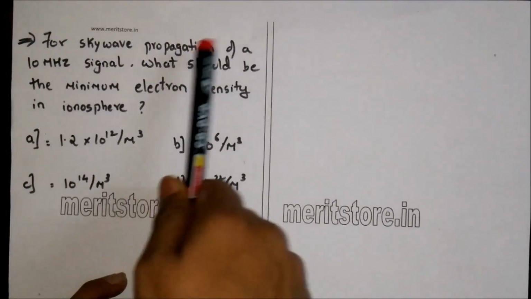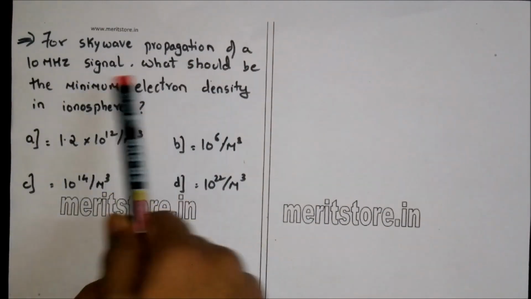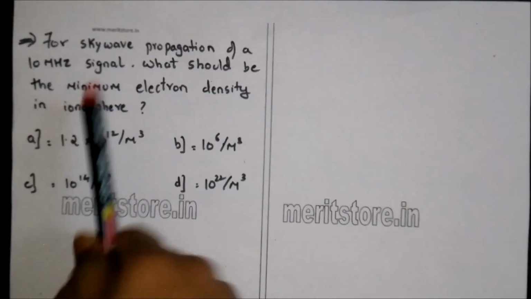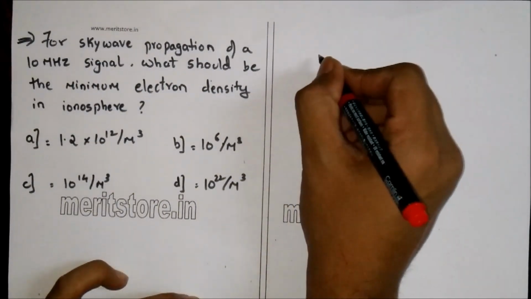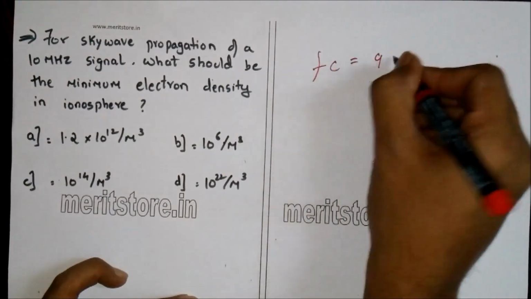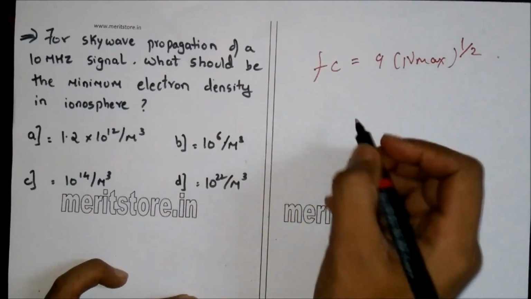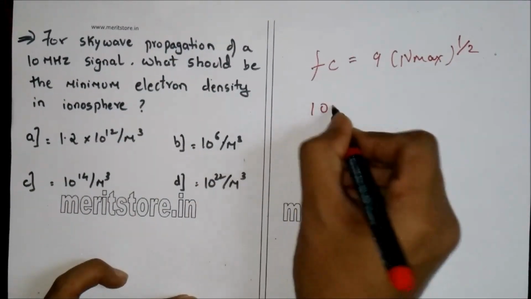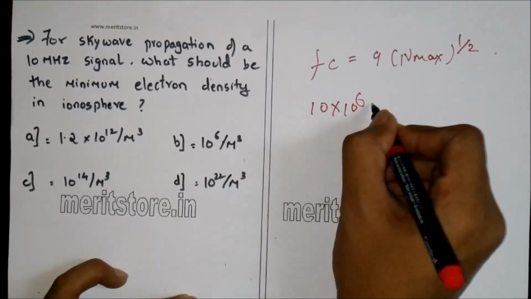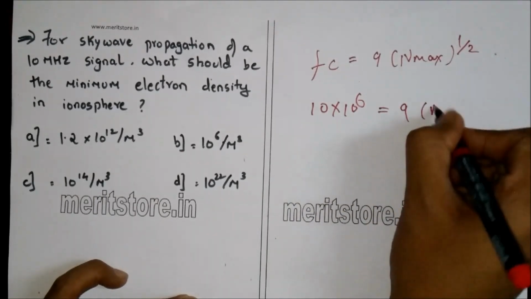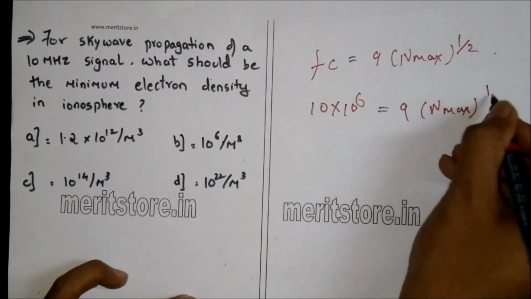For skywave propagation of a 10 MHz signal, what should be the minimum electron density in ionosphere? Now the formula for the critical frequency Fc is equal to 9 into n max raised to half. Here Fc is given as 10 MHz, which is 10 into 10 raised to 6 Hz, is equal to 9 into n max raised to half.